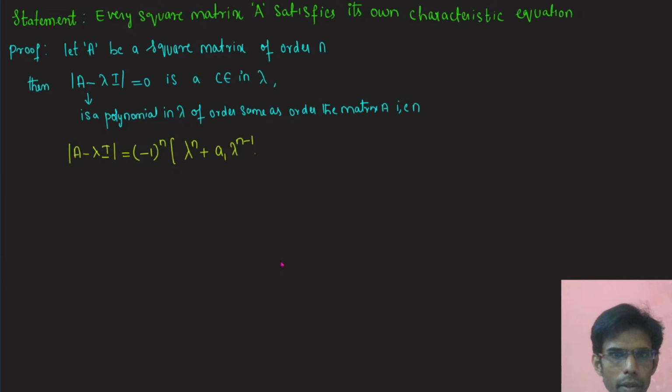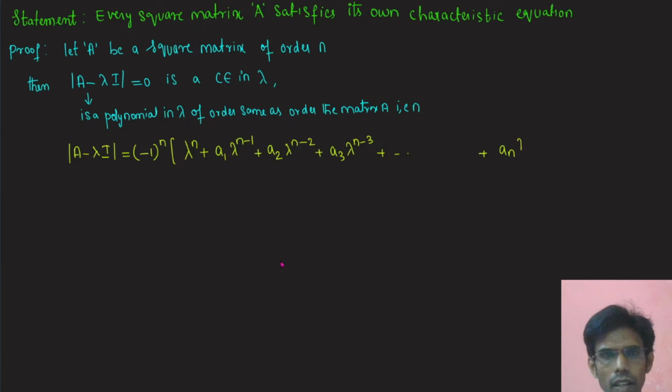Reduce the powers of lambda. Take a2 lambda power n minus 2 plus a3 lambda power n minus 3 and so on up to an. Let us suppose this determinant of A minus lambda I will be of this form.